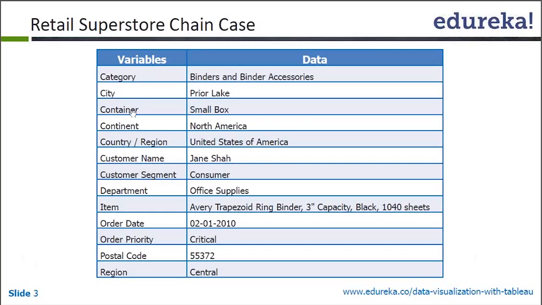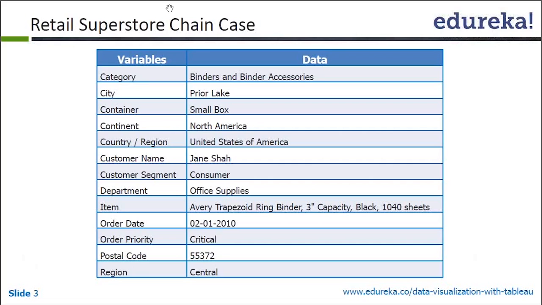City, container, which is how the product is packed. Continent, country and region. Customer name. Customer segment: is he a consumer, retailer, wholesaler, or who else. Department of the product, so this comes under office supplies. Item name, the exact item name. The order date. Order priority, is it critical or not critical. Postal code of the place where it needs to be delivered. Region: east, west, north, south, center.